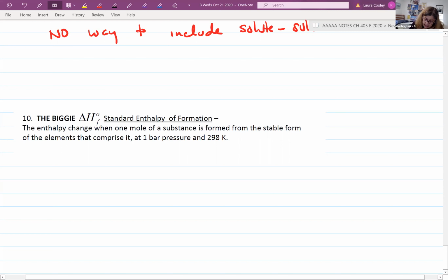And this is the enthalpy change when 1 mole of a substance is formed from, and this is the important part, from the stable form of the elements that make it up, okay, at 1 bar pressure and 298 Kelvin. So there's a few different things to talk about here, okay? First of all, what if there is more than one stable form?